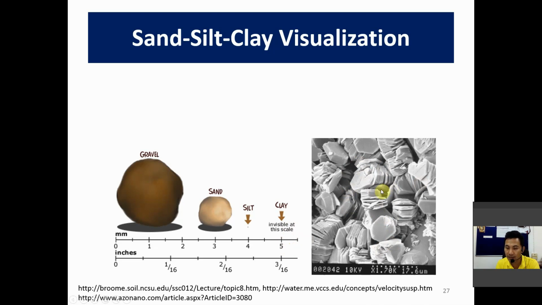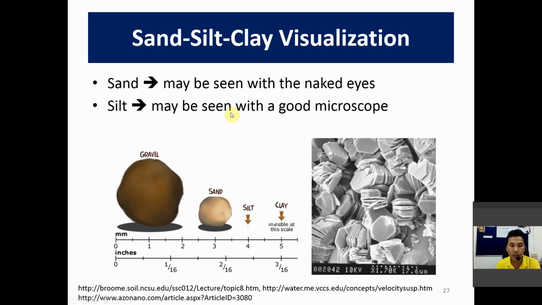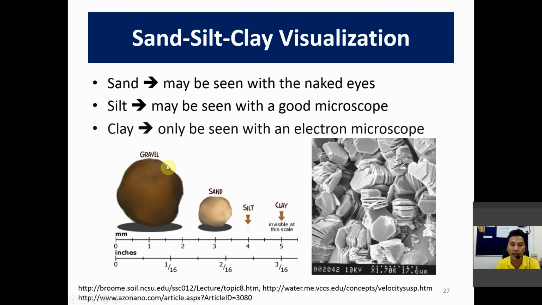In this case, this is kaolinite, one type of clay mineral, and this is really typical in Thailand. You have to use some sort of instrument to check the shape or size of the particle. Of course, sand may be seen with the naked eye, silt may be seen with a good microscope, and clay can only be seen with a high-energy electron microscope.